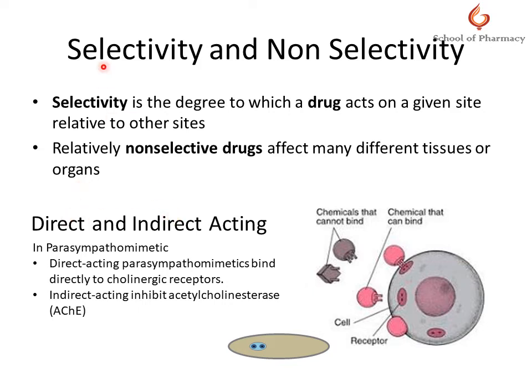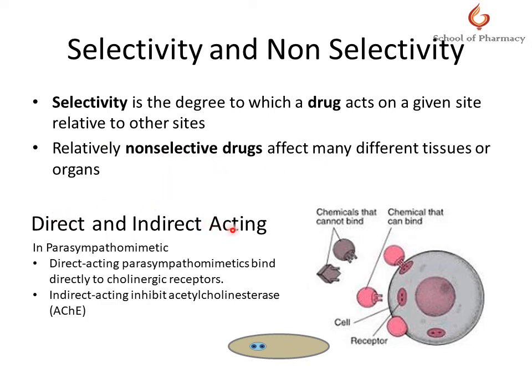Selectivity is basically the degree to which a drug acts on a given site relative to other sites. Non-selective drugs affect many different tissues or organs. So if it is for a particular site, it is selective. If it goes to different tissues and different sites, then it is non-selective.